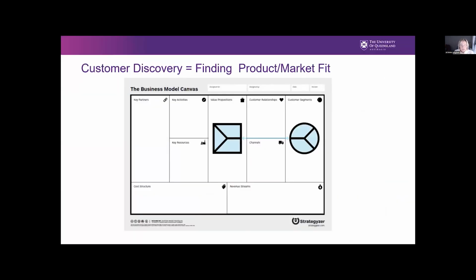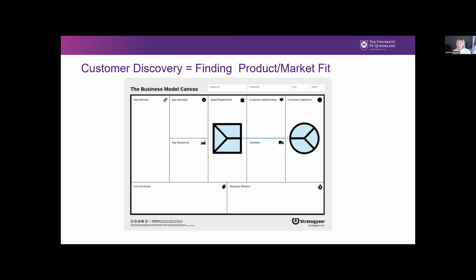So here is the product market fit. And generally we use the value proposition canvas to be able to unpack that. You can see here that the value proposition canvas has two parts to it, which I'll show you in a minute. It covers two parts of the business model: the customer segments and the value proposition.